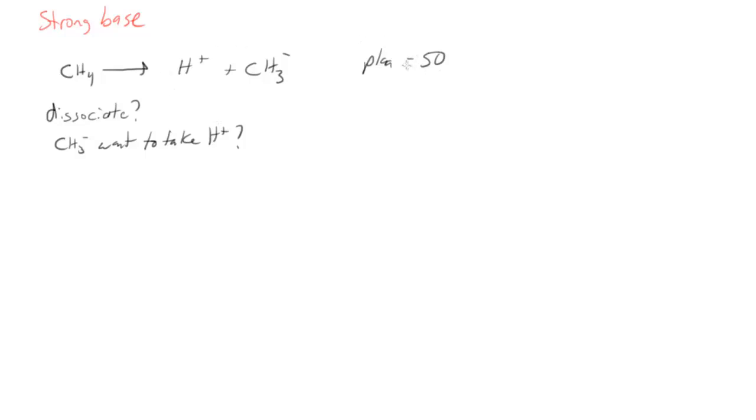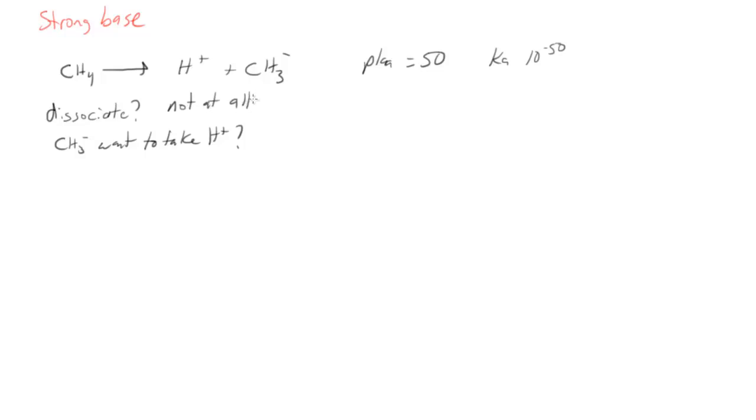Okay, with a pKa of 50, that means that the Ka is somewhere on the order of 10 to the minus 50. We don't even have words to describe what minus 50 is. We don't put a name to that kind of number. It's just so huge. So what that means is that nearly every single one of these is still together. There are almost none of these that are apart. So how much does it want to dissociate? Not at all. In fact, you wouldn't even be able to measure it.